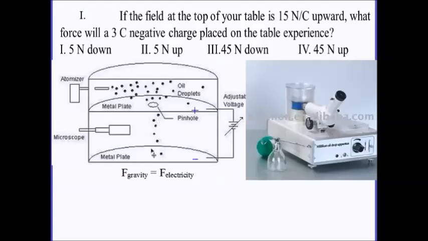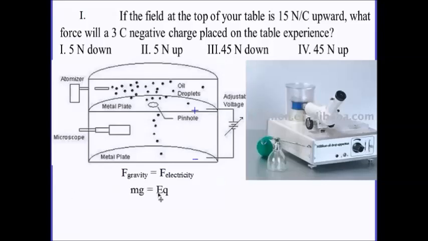And if this oil drop has a positive charge on it, then I would like my electric field to be pointed upwards. And if my oil drop has a negative charge on it, I would like the electric field to be pointed downwards, because an electric field downwards would push a negative thing up. But at any rate, I get this electrical force going up, and it's in equilibrium with the gravitational force, the weight of the oil drop.